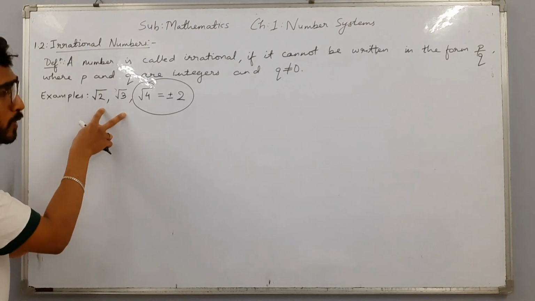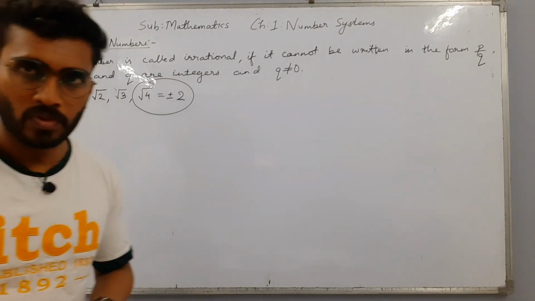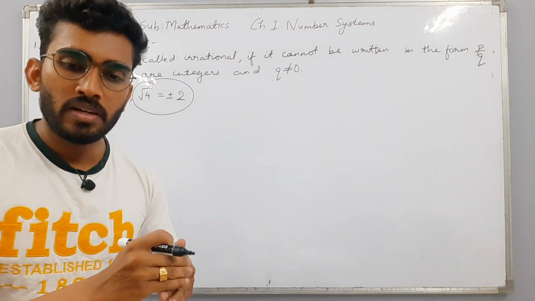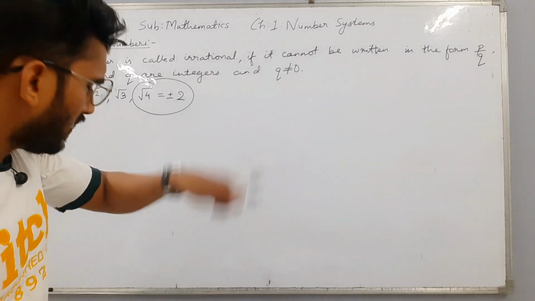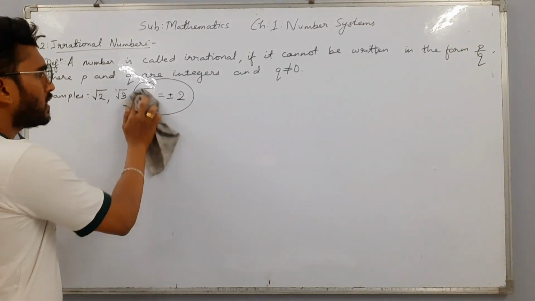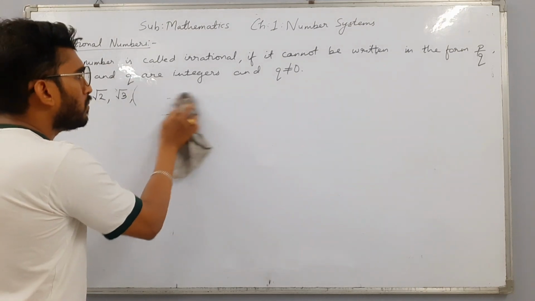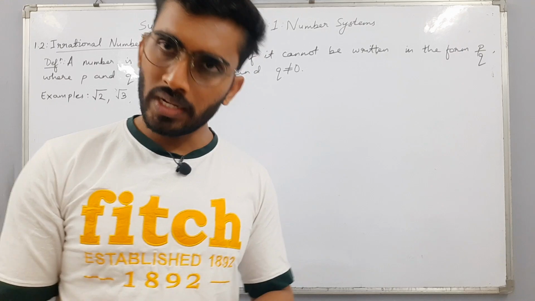Why are root 2 and root 3 irrational numbers? Because 2 and 3 are not perfect squares. If we find the value of root 2 or root 3, we will get a decimal, which we will see later in this chapter. But if a number is in a root and that number is a perfect square, that will not be called an irrational number.